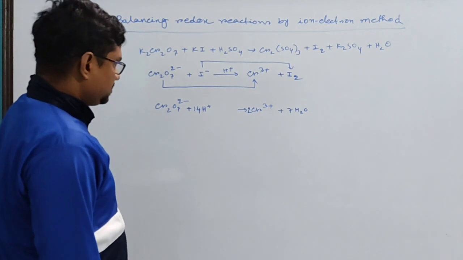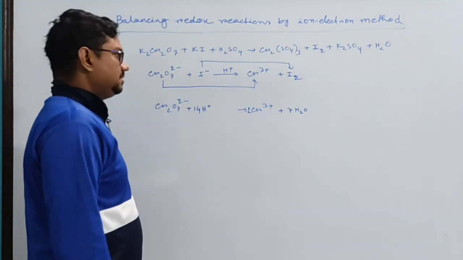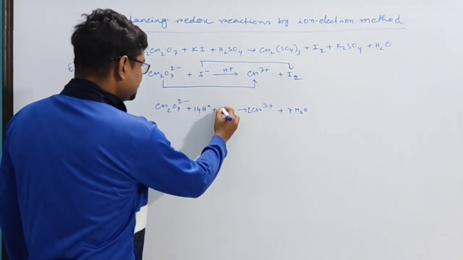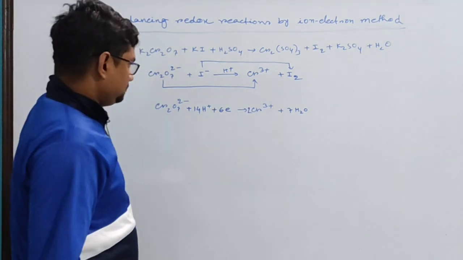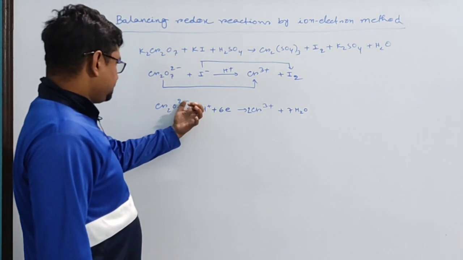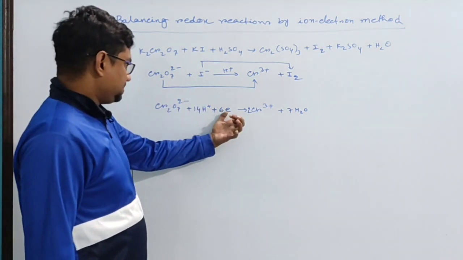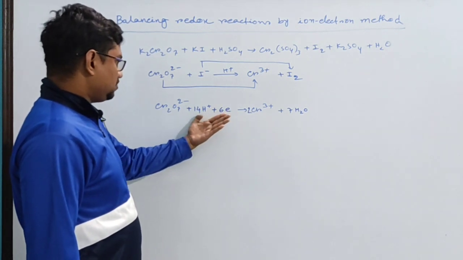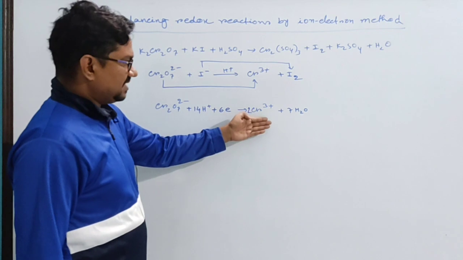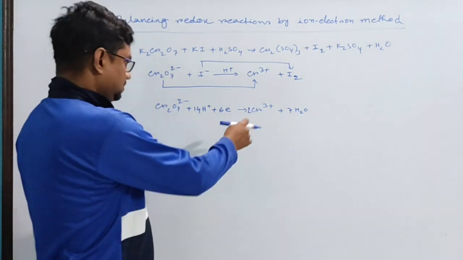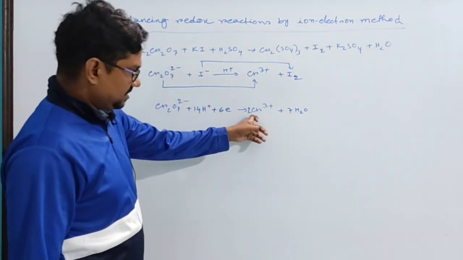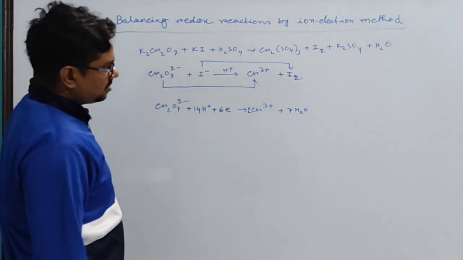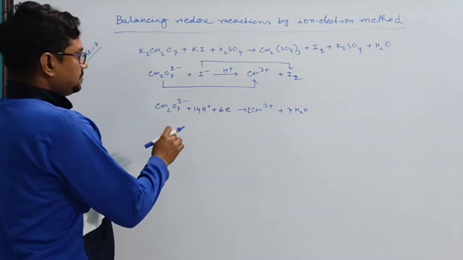So if we want to balance with the right hand side, then we have to add 6 electrons. Now you see 2 negative and 6 negative means 8 negative and 14 positive. So overall there will be 6 positive, which will be balanced with the right hand side 2 chromium 3 plus ions, and that will give 6 positive charge at the right hand side. So this is now a balanced half reaction.